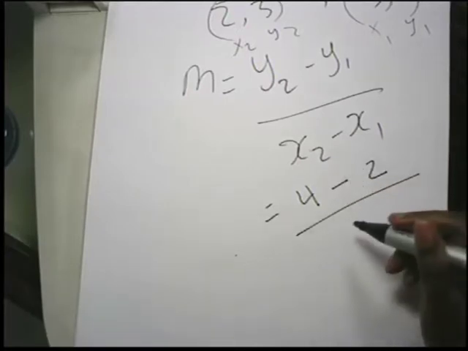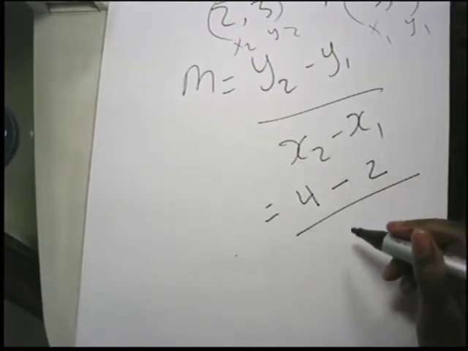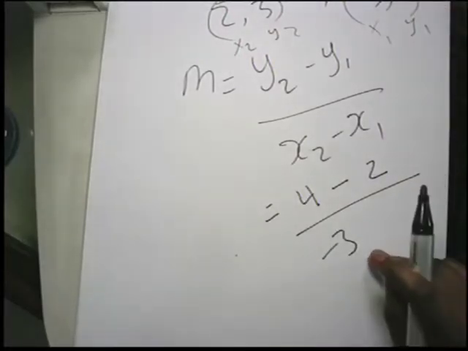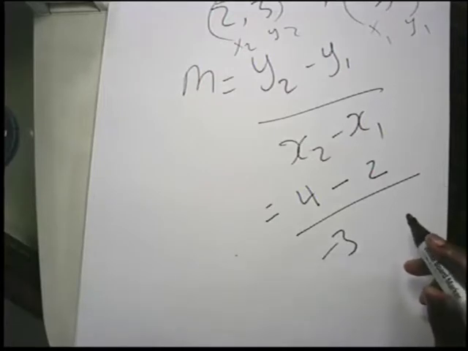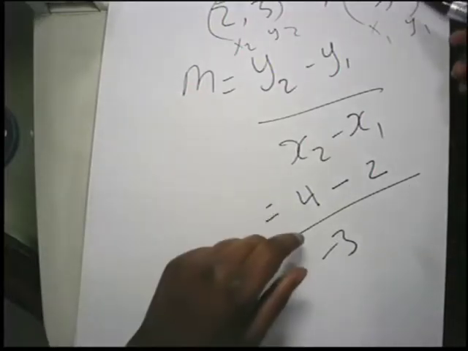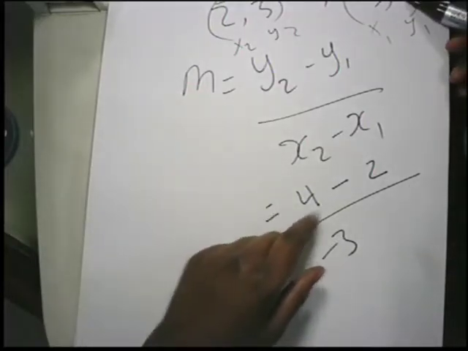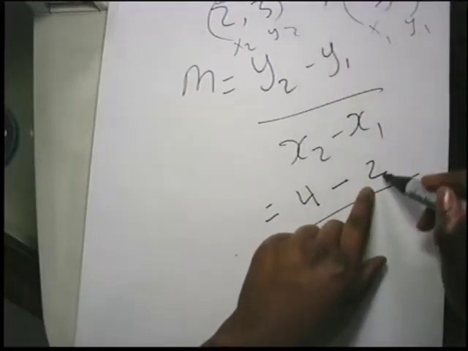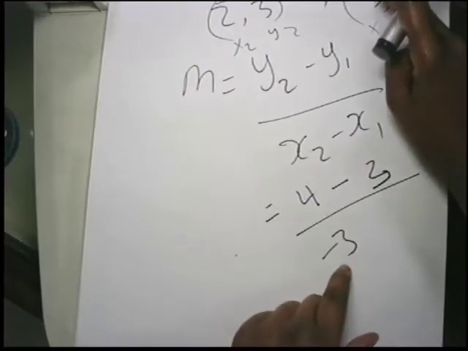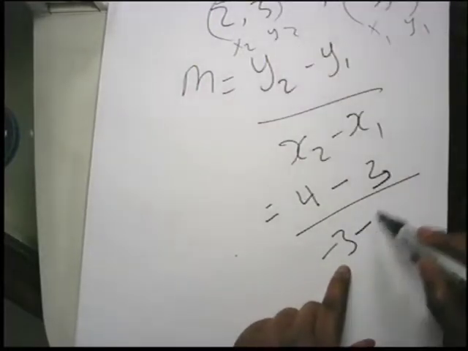And then our x2 is equals to what? x2 is minus 3, and then x1 is 2.